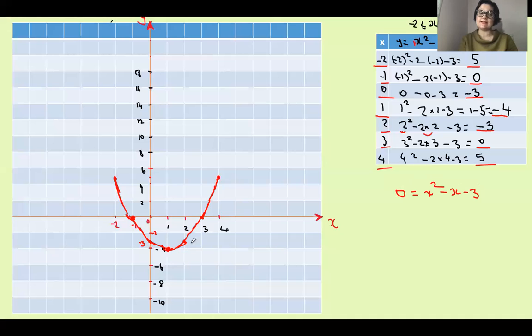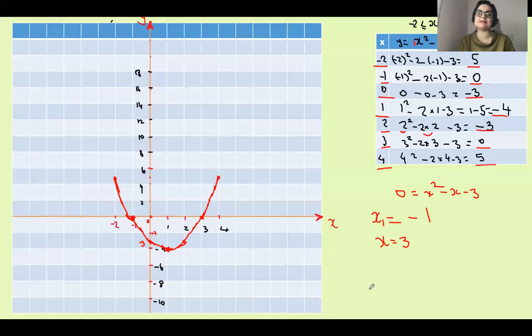As I said before, we are going to look exactly where the parabola intersects the x-axis, and these are the 2 points. One I'm going to call x1, which is -1, and x2 is going to be 3. So these are the solutions of the quadratic equation x to the power of 2 minus 2x minus 3 equals 0.